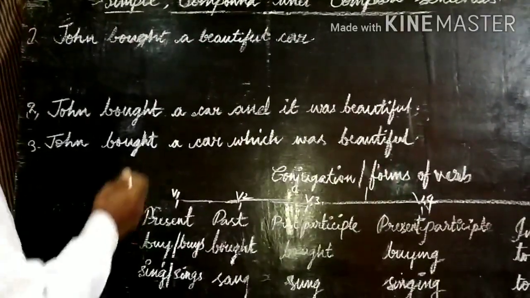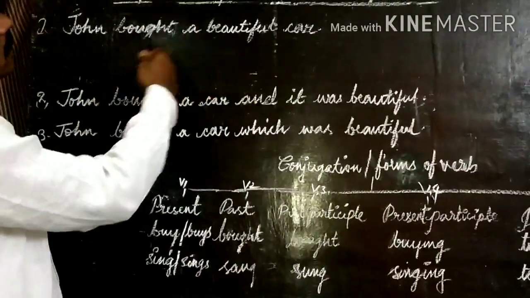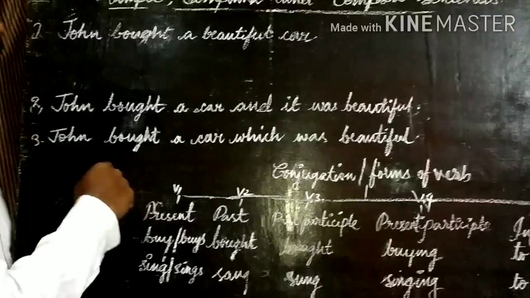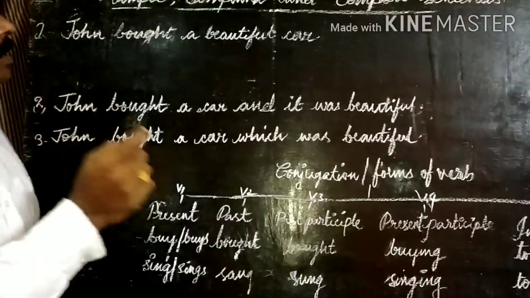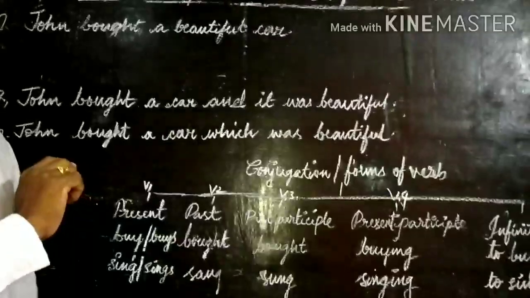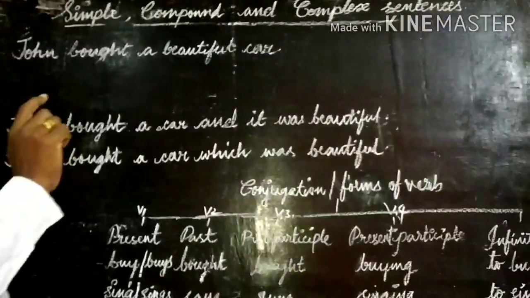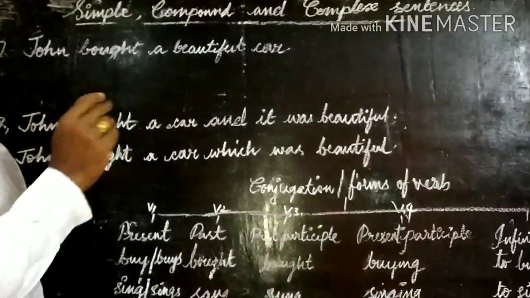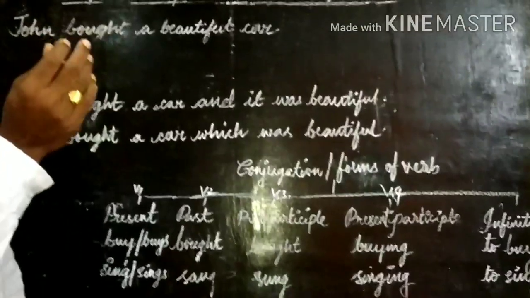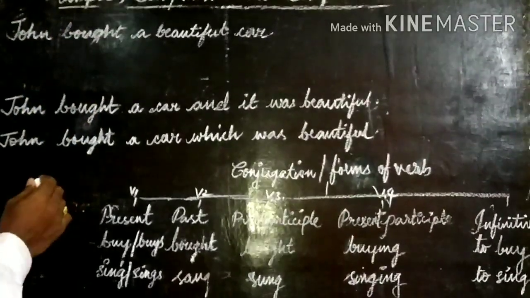My viewers, if you examine these three examples carefully, you may notice that the sense of these three is similar. What is that? John bought a car, a car that is beautiful. John bought a car, or John bought a beautiful car.